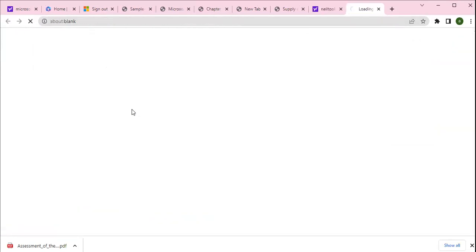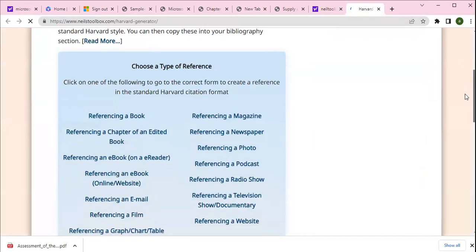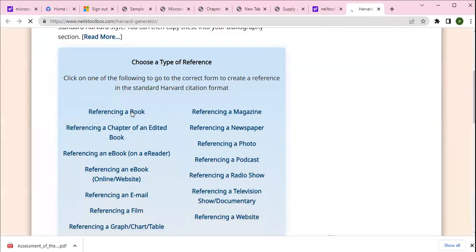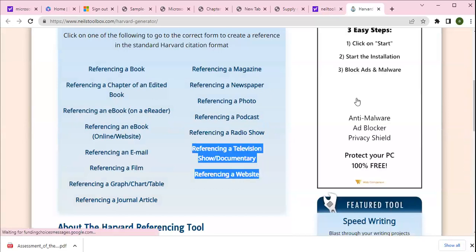It's a matter of filling in the required information. If you're using a book, if you're using a website, you can use this way, or you can use the MS Word citation function. So if you're using a book, click there and fill in the required section, and that will generate the reference for you.